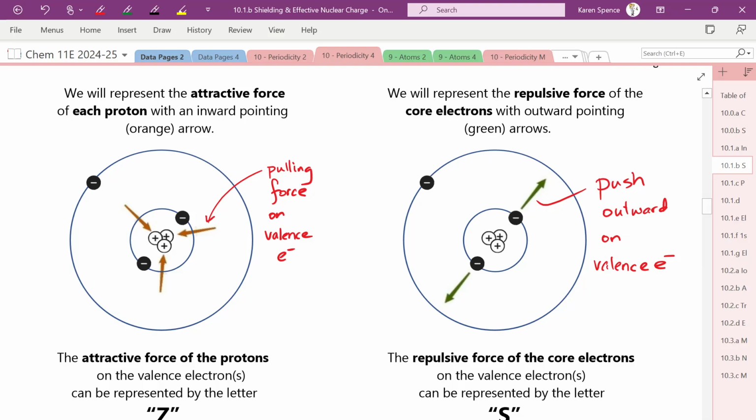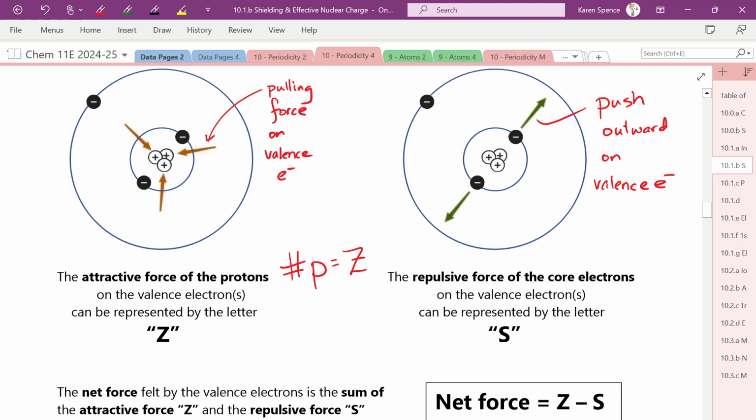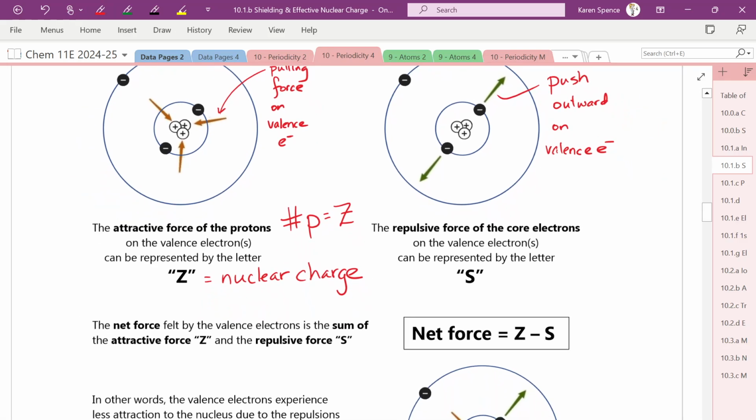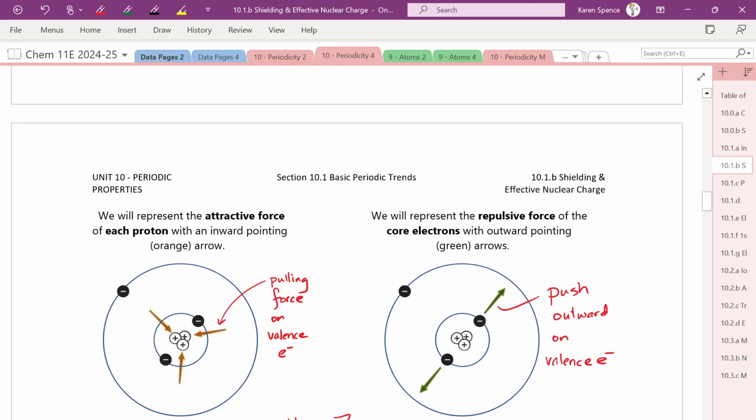So in chemistry, we refer to the number of protons as Z, which is also the nuclear charge. And if we think about Coulomb's law, do you guys remember Coulomb's law?